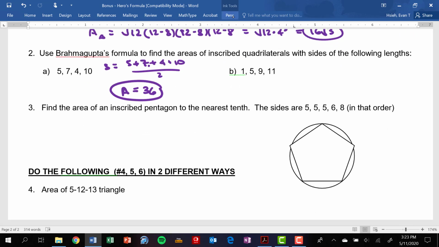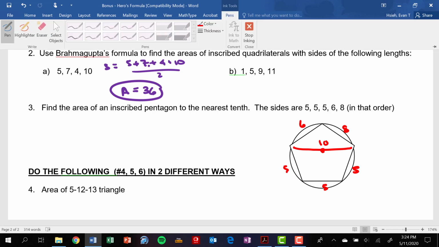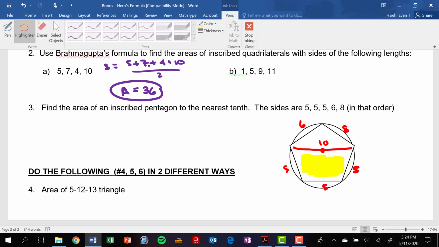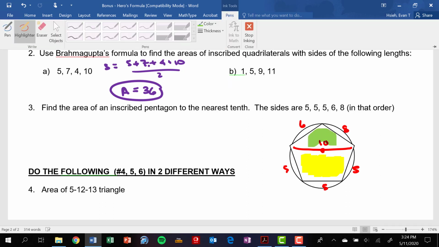These two formulas also allow you to do problems like this. This is supposed to be the center. Fortunately, it's not drawn very well. This is a 6, 8, 10 triangle. This is 5, 5, and 5. And hopefully what you can see here is you can break this down into a cyclic quadrilateral and an inscribed triangle there.